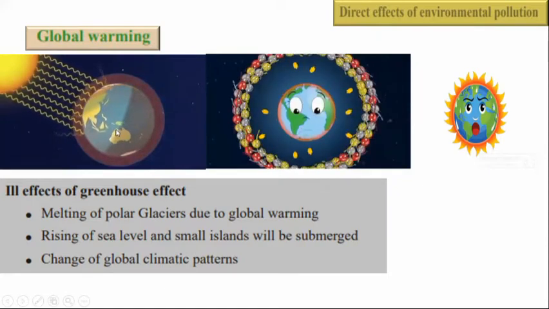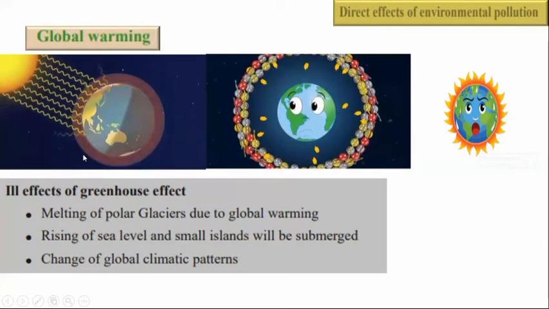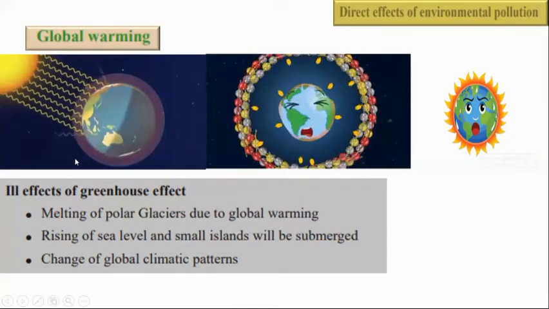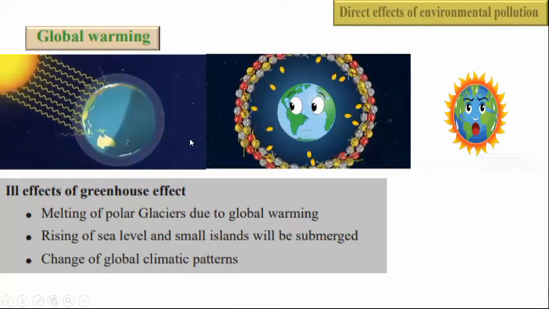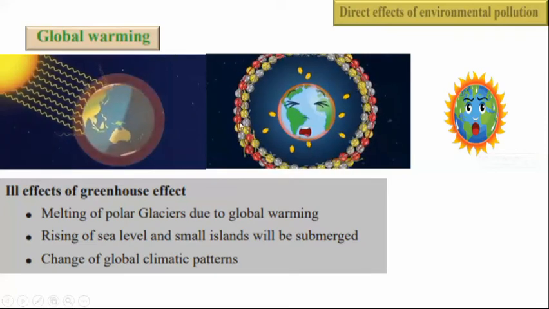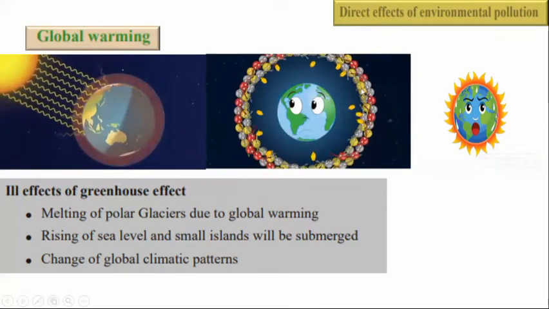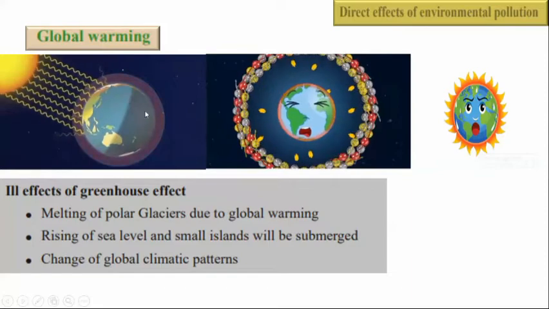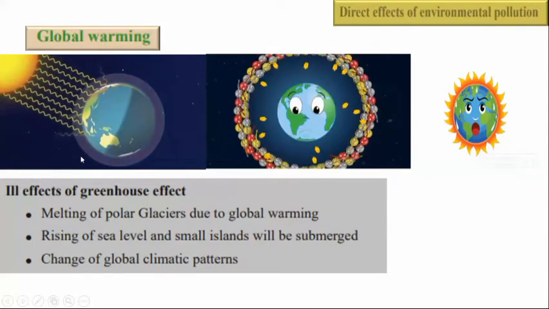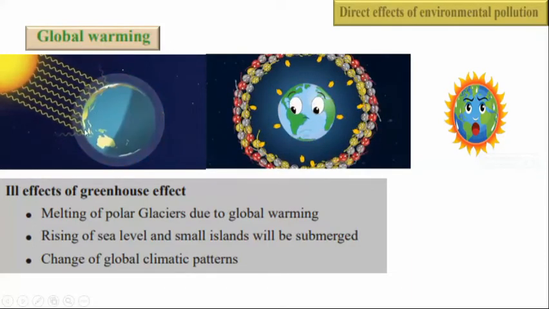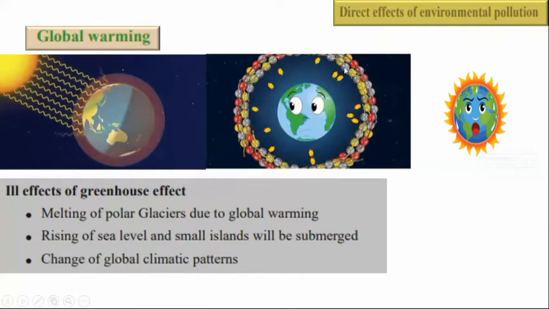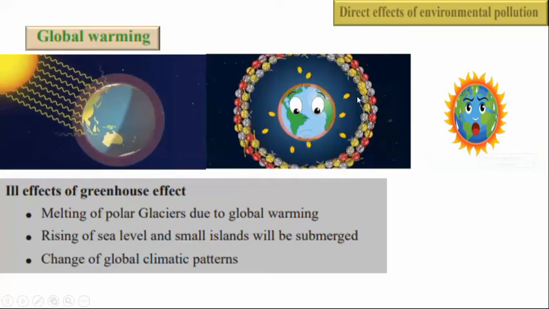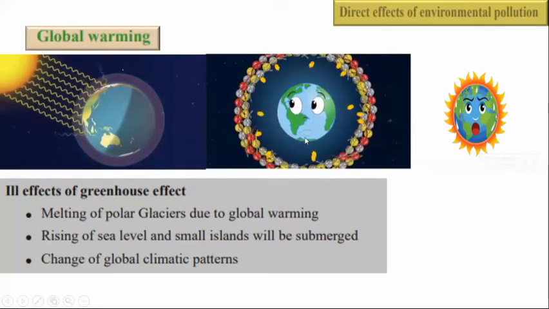Then during the reflection, around the earth you will have greenhouse gases, for example carbon dioxide. See in the picture too, these are the greenhouse gases. In the first picture, they absorb the radiation, and some of them again release some rays back to the earth. You can see this in the second one, right?